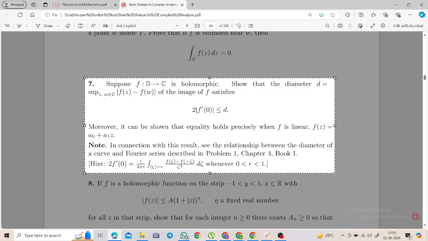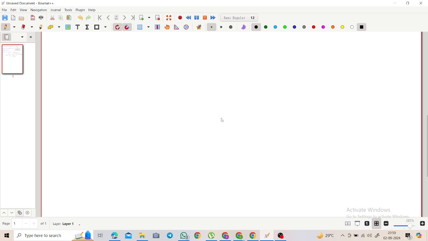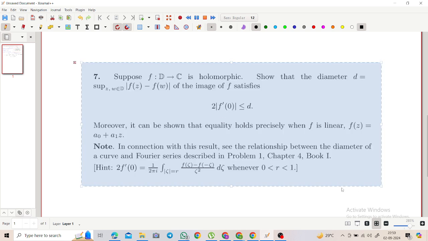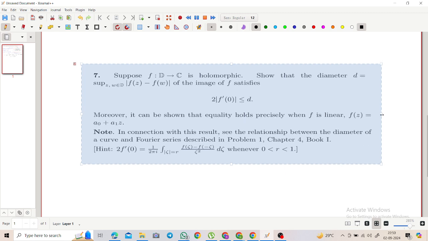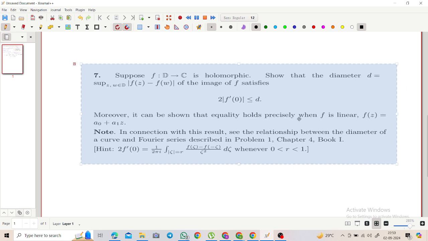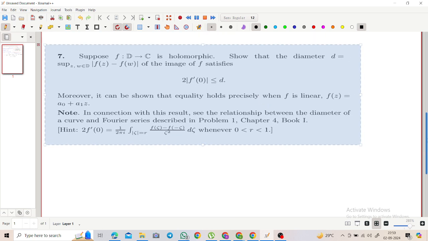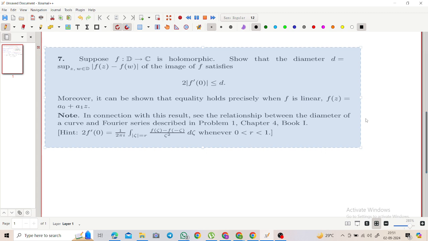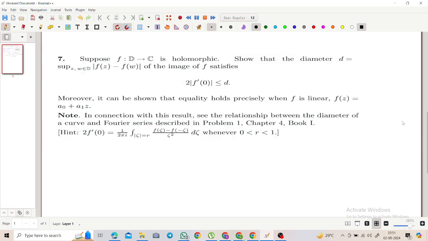I will have probably 8 more classes to complete complex analysis. So a hint is given there as well.